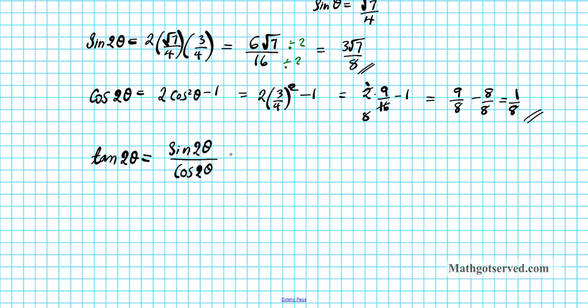So sine 2 theta is 3 root 7 over 8, and we'll divide that by 1/8. To do this, we multiply the numerator by the reciprocal of the denominator. The 8's cancel out, and our final answer for tan 2 theta is simply 3 root 7. Alright, so that's that.